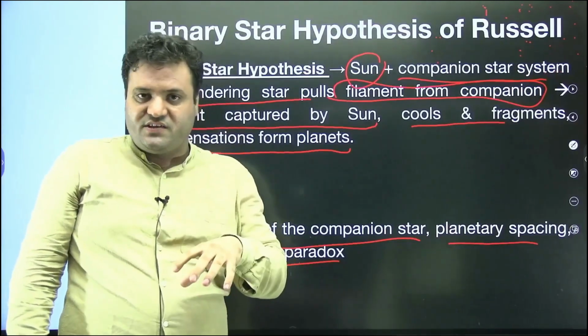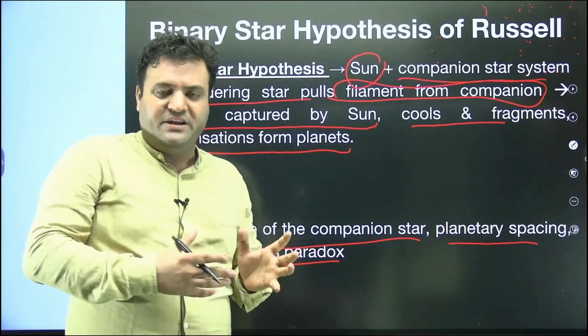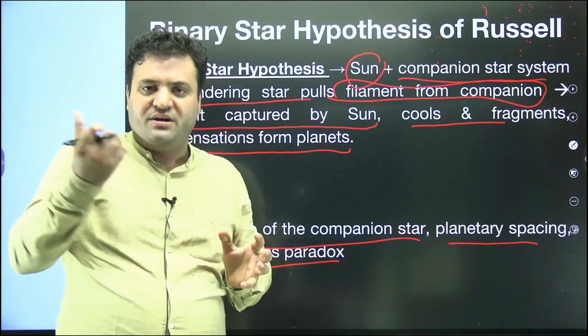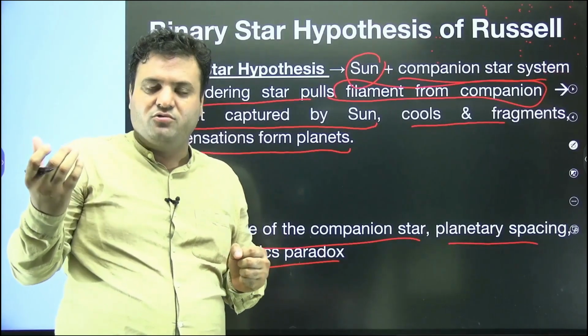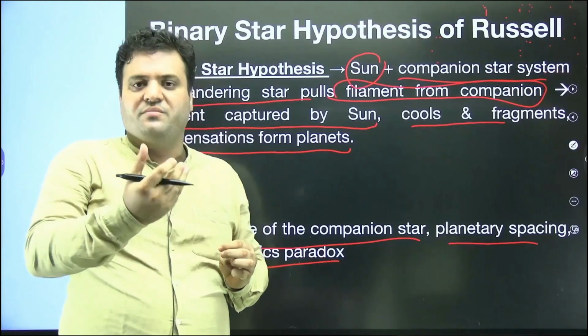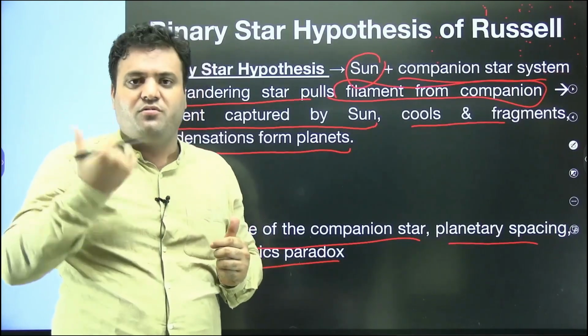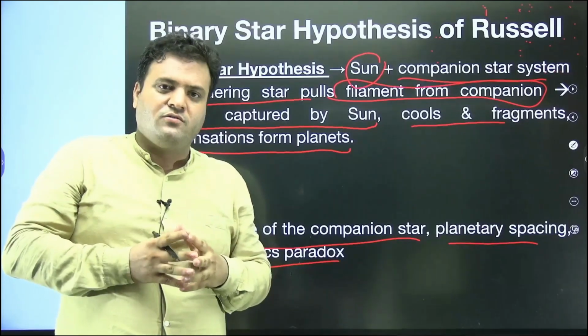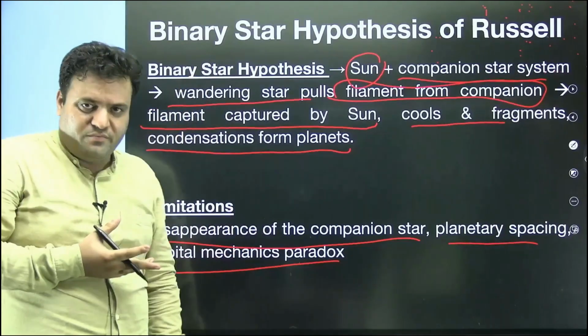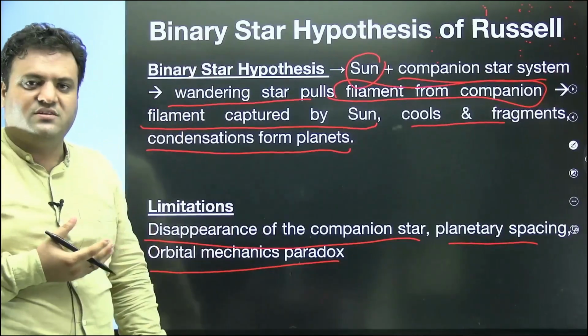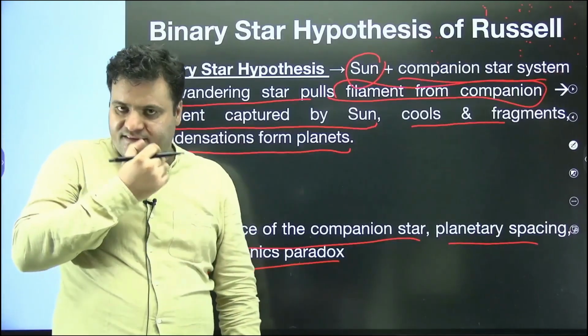But on the other side, it is mentioned that when the filaments or ejected material came from the companion star, it started to orbit around the primitive sun because of the gravitational pull of the sun itself. So there is some sort of paradox here. The orbital mechanics paradox is also one of the limitations which make this theory less credible.